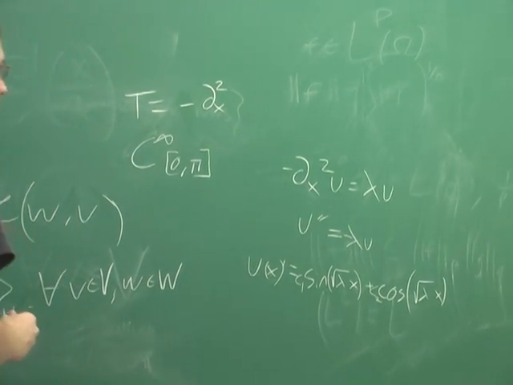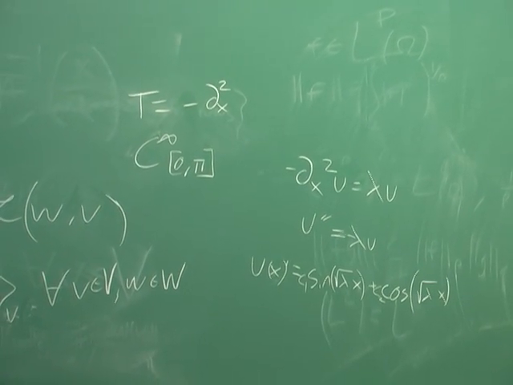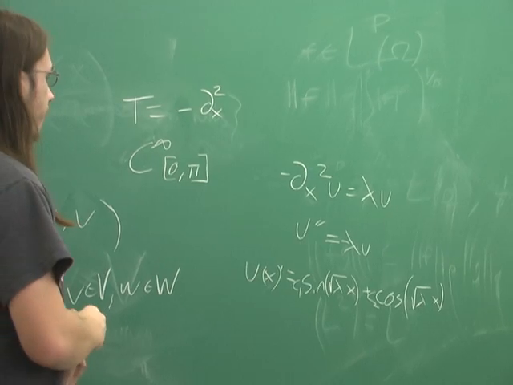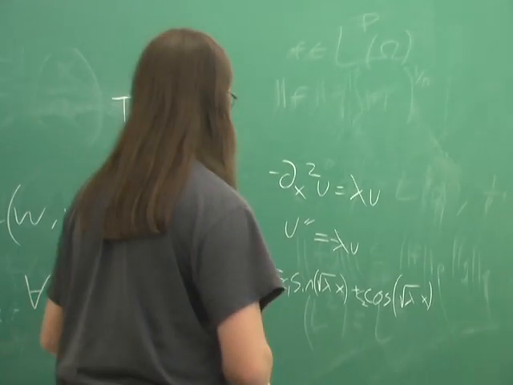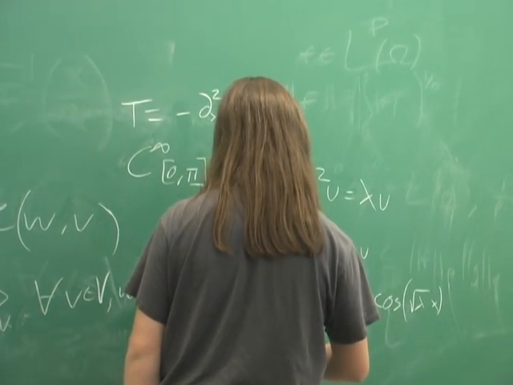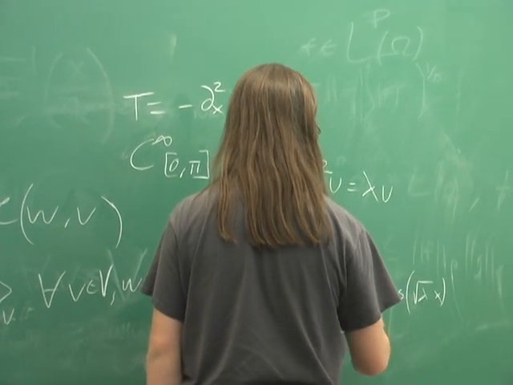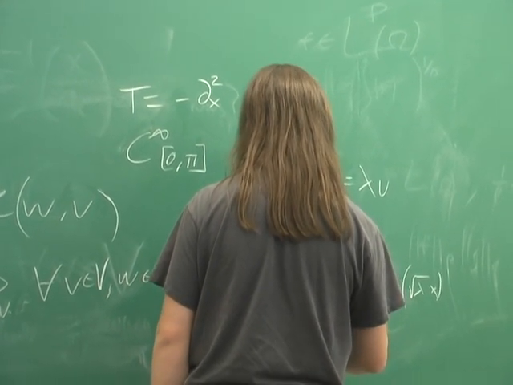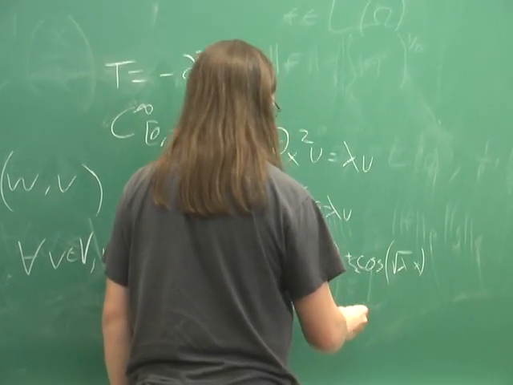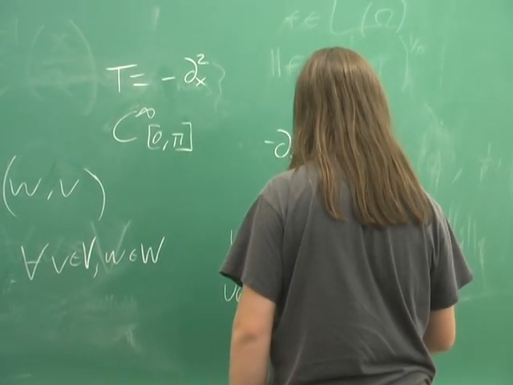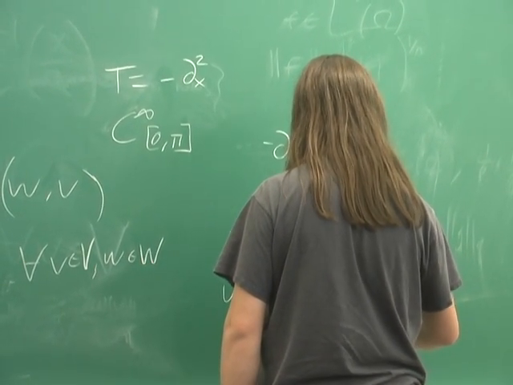Now you have to satisfy the boundary conditions, so that it's 0 at the endpoints. So that implies C1 equals zero.